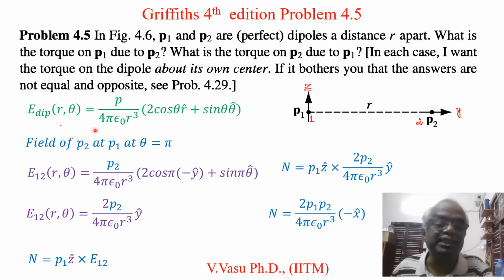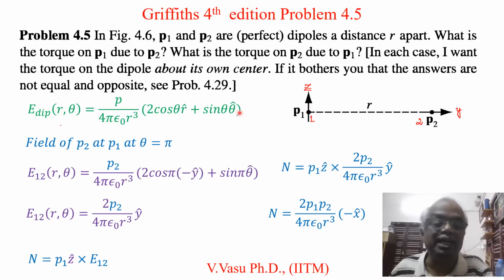Now our task is to find the field before finding the torque, because to find the torque we should know the electric field. So now, the field of P2 at the point P1. What is the field of P2 at the point P1? That is at this point.